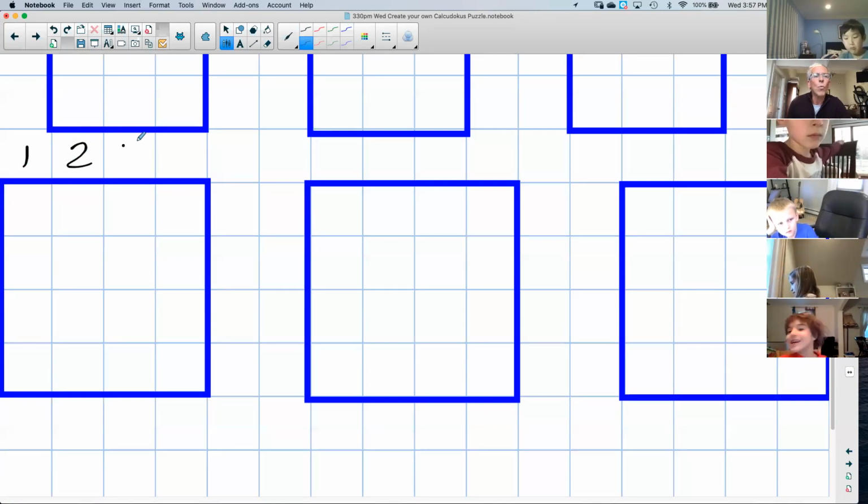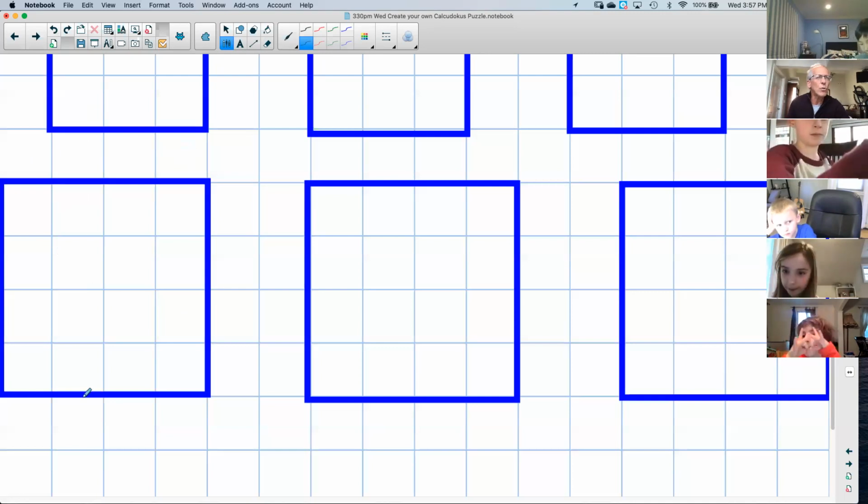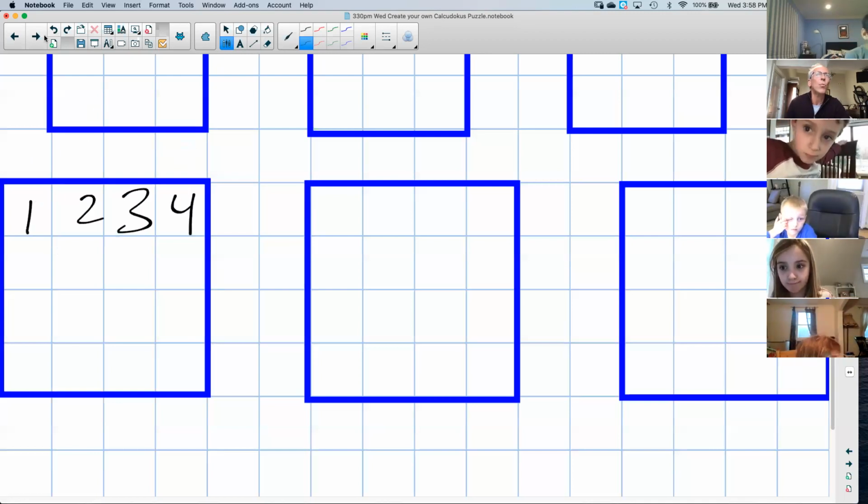Of course. 1, 2, 3, and 4. So why don't you guys put in the numbers in each row and see if you could do it without any violations? So you might even start with 1, 2, 3, and 4 if you want.